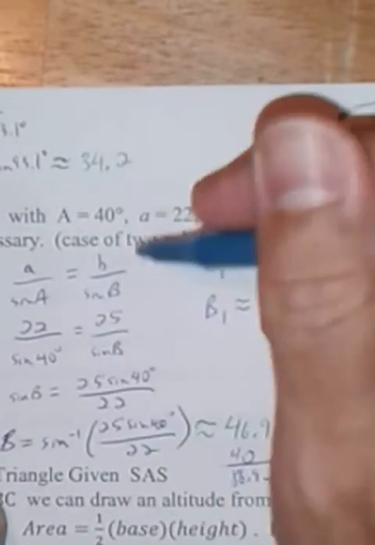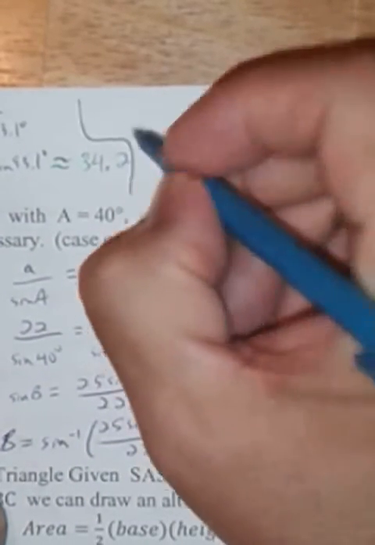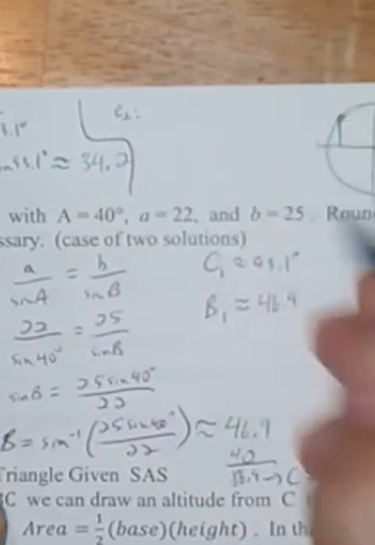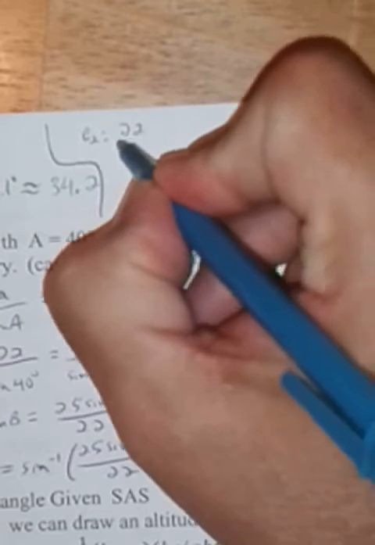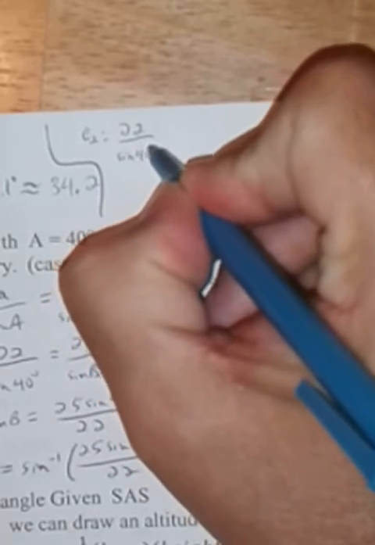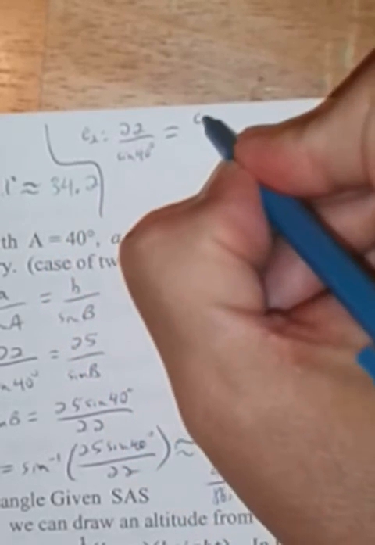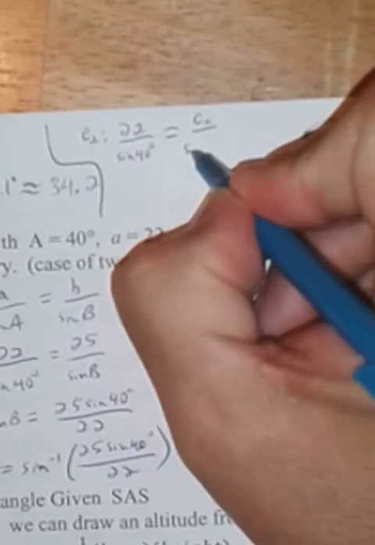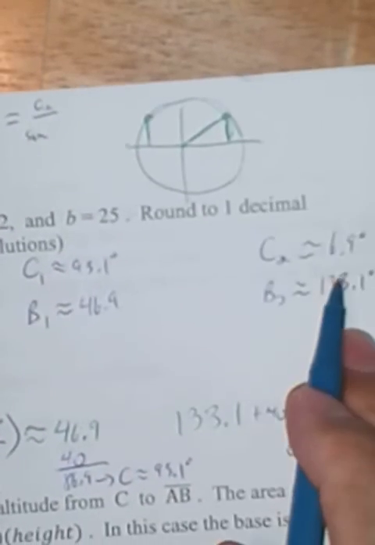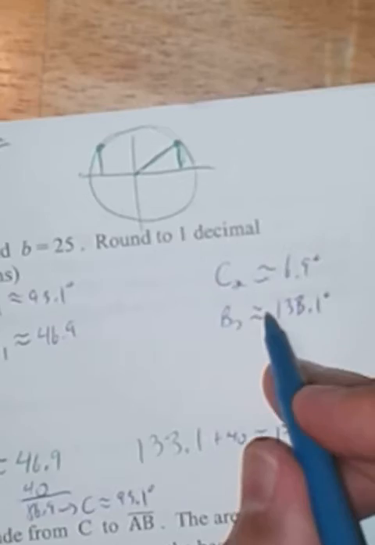So for c2, I have 22 over sine 40 degrees equals c2 over sine of angle C2, which is 6.9 degrees.